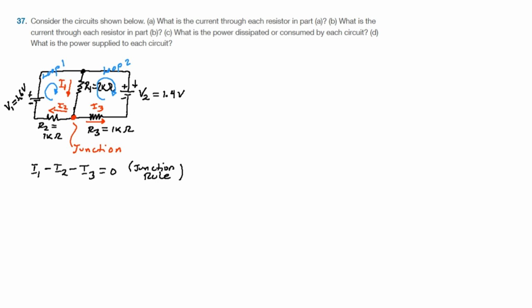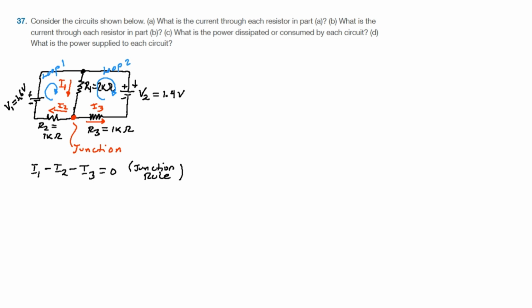Now, when we apply the loop rules, we have to be clear of the signs. So when you pass through a battery, you go from negative to positive, right? When the current goes from negative to positive, you have a positive voltage. When you pass through a resistor in the direction of the current, you will have a negative drop of voltage. So that means that I will have here what?